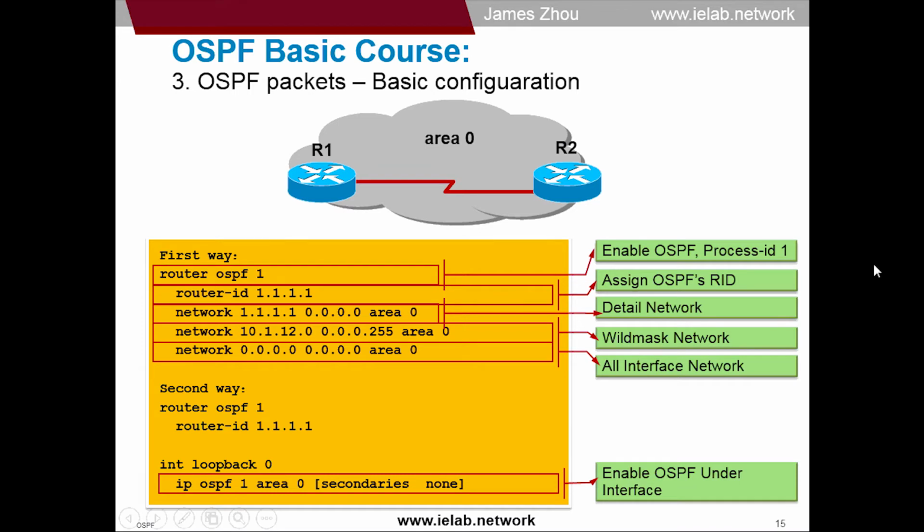We will start with 2 routers, using a serial port connection, S1/0. Every router has a loopback 0. R1 is 1.1.1.1/24. R2 is 2.2.2.2/24.